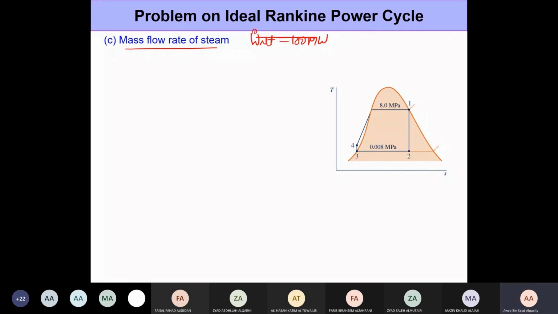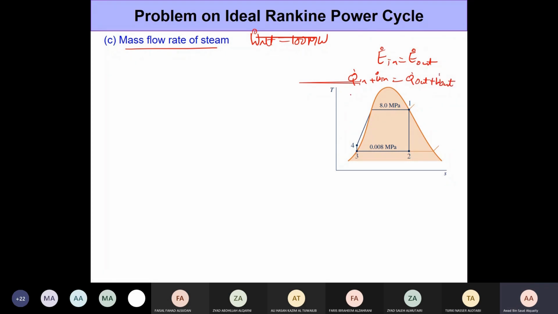Energy balance equation. Okay, so you want me to do an energy balance for the entire cycle, or how should we go about it? Yes, we can do an energy balance for the entire cycle, but what we're going to get is heat in plus work in is equal to heat out plus work out.